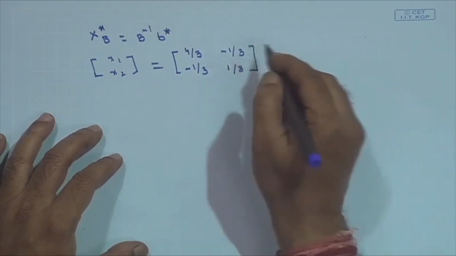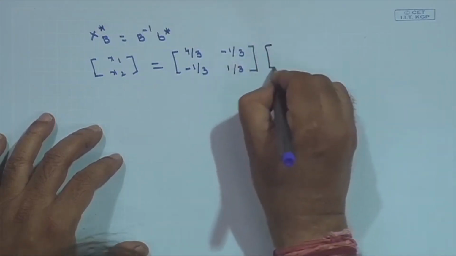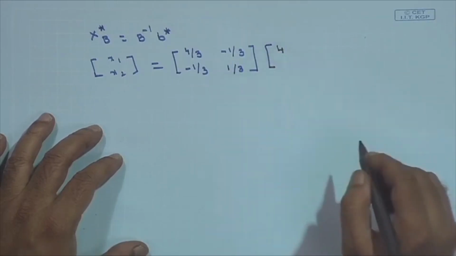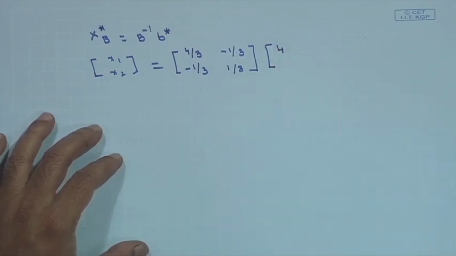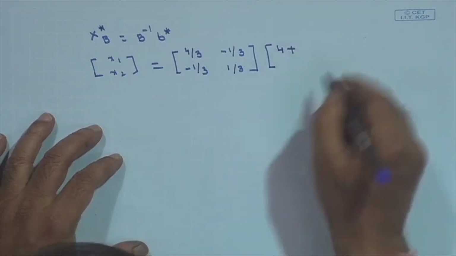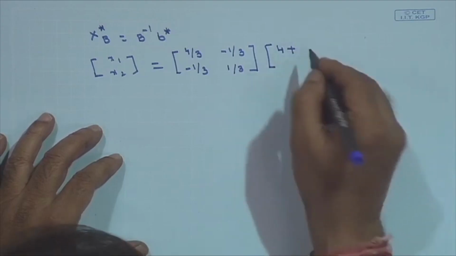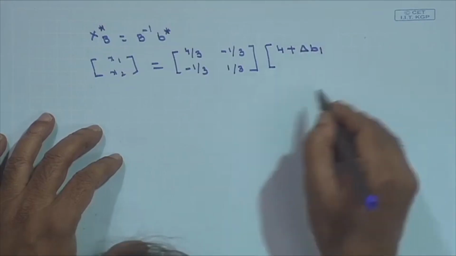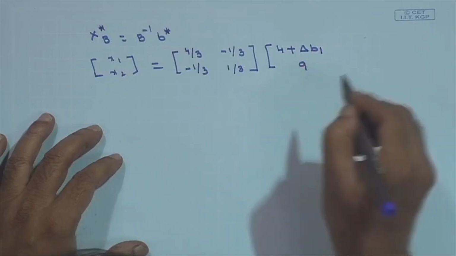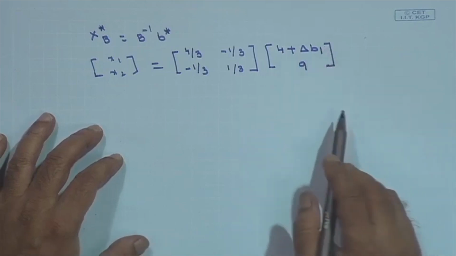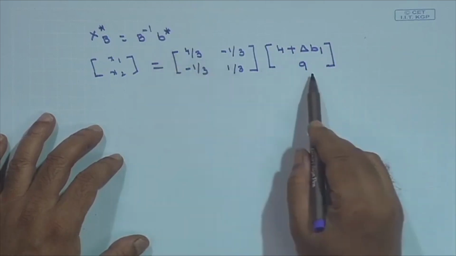And your B value will be increased. The first entry was 4, and it will be 4 plus delta B1, and the second one will be 9. So, this is your B inverse into B star.